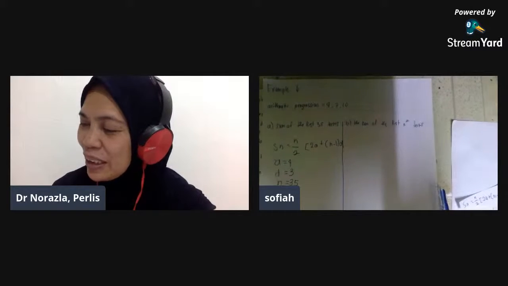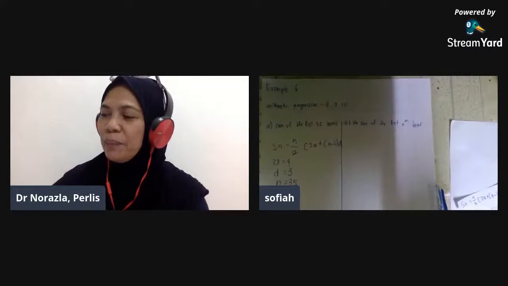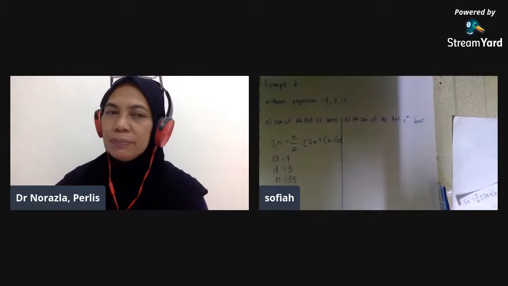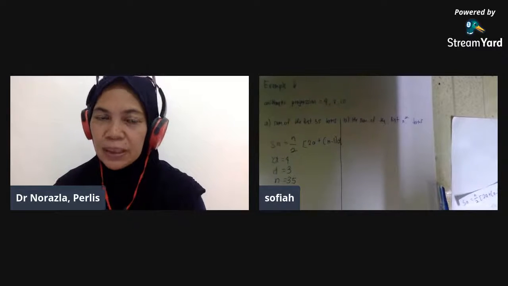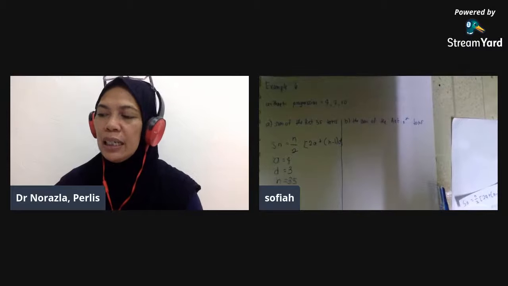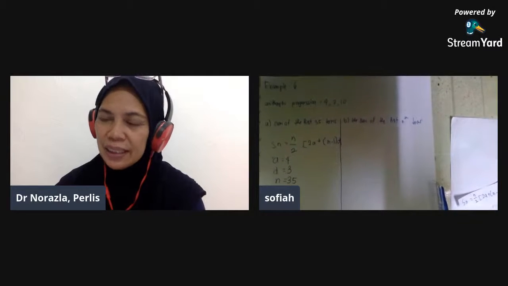So we will identify this first. A is actually the first term, which is 4. N is actually the number of terms, which is 35. And how can we find the common difference, which is D?